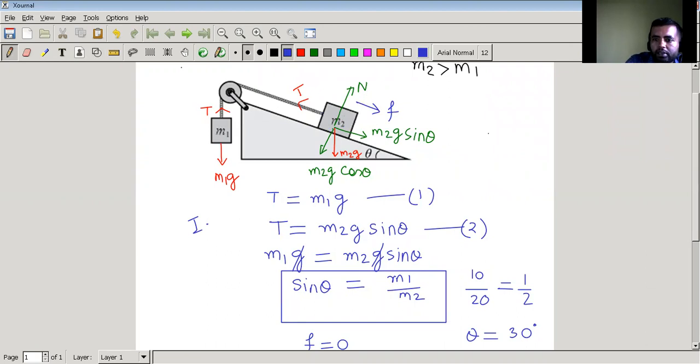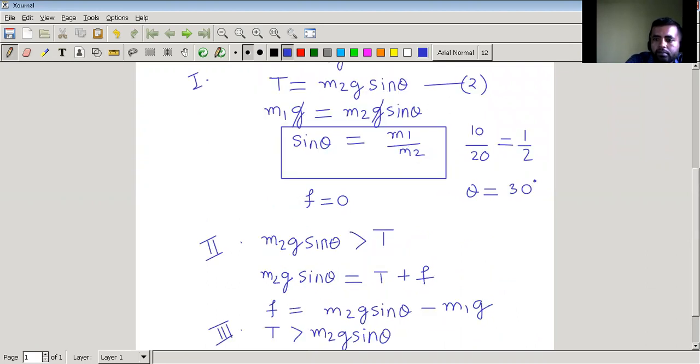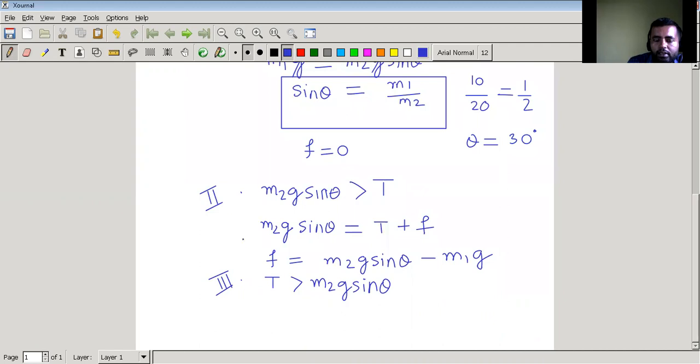In case 3, tension will be equal to M2G sine theta plus f.